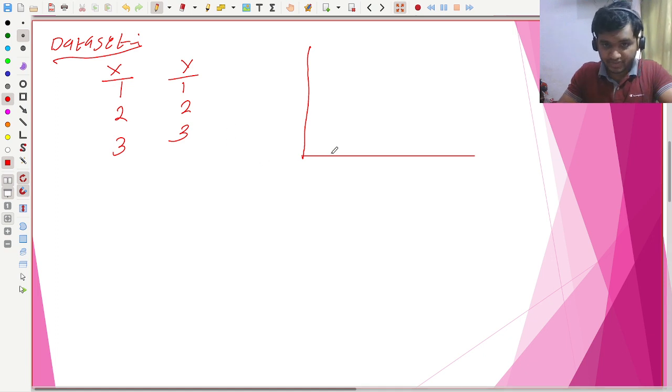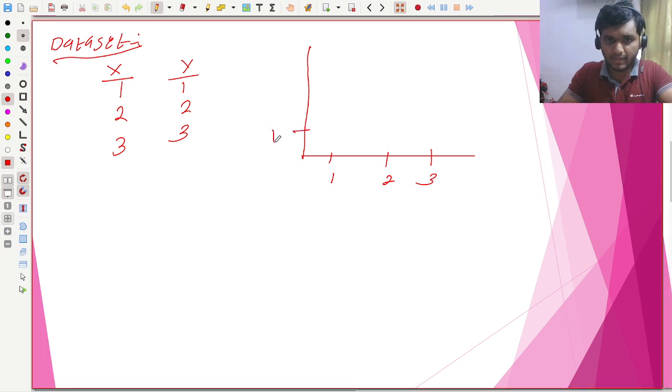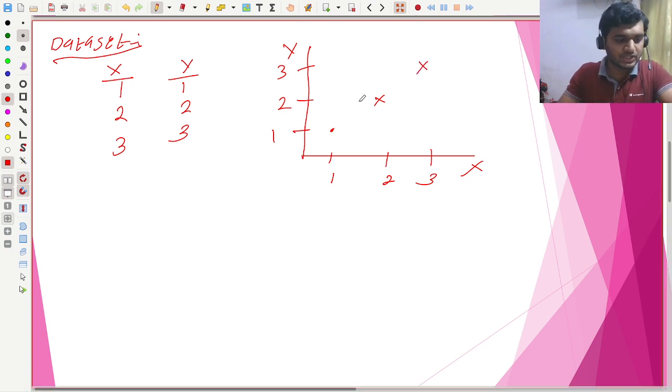Here the axes are 1, 2, 3 on x and 1, 2, 3 on y. The first point is here, the next point is here, and the next point is at 3, 3. So the line will be like this.